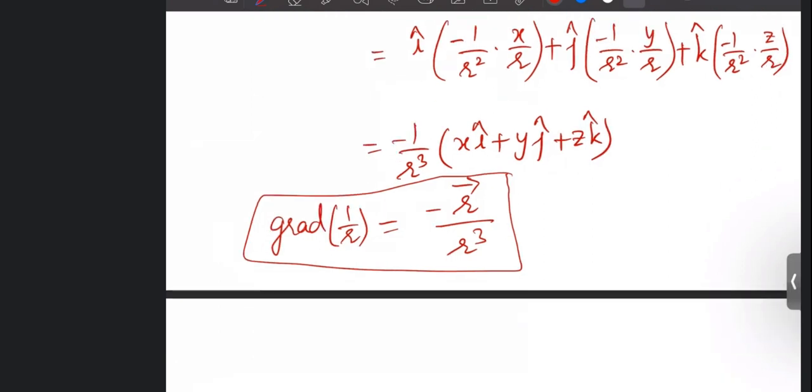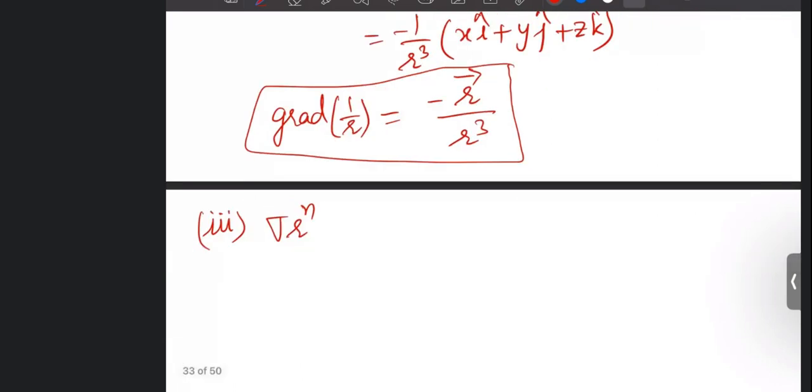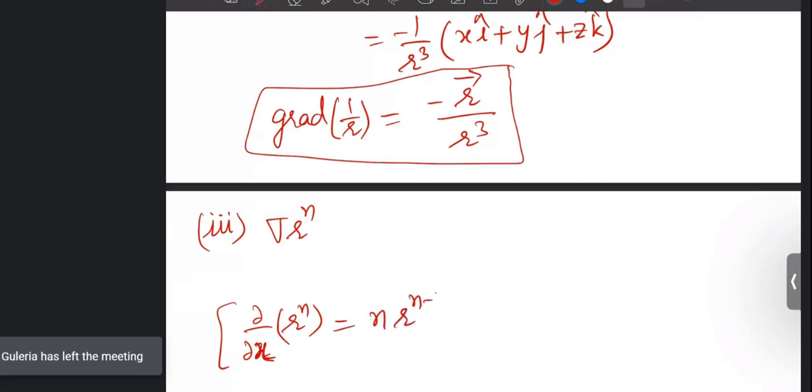Similarly, let us consider the third part, that is the gradient of r to the power n. Using the same rule as mentioned above, the derivative of r to the power n with respect to x is n r to the power n minus 1 into the partial derivative of r with respect to x.